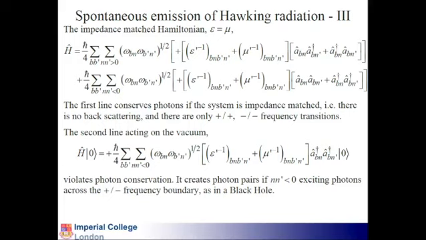But these terms here, when n and n prime correspond to frequencies of the opposite sign, these flip their attributions, and you get a pair of creation operators and a pair of annihilation operators. So this is a term which actually is going to give us Hawking radiation. And if you read Hawking's paper, he makes the point that considering negative frequencies is essential to the creation of his Hawking radiation.